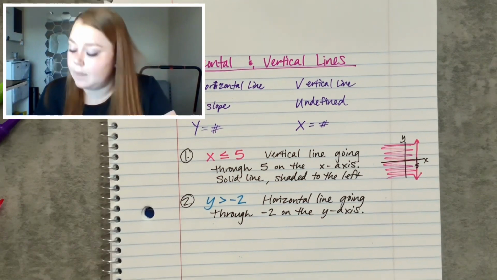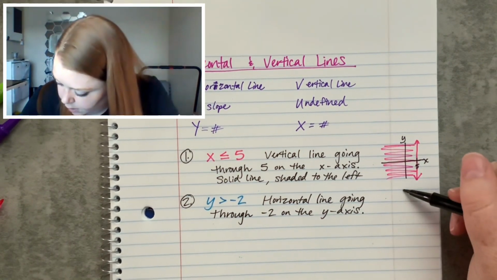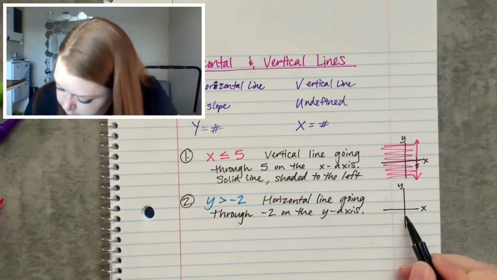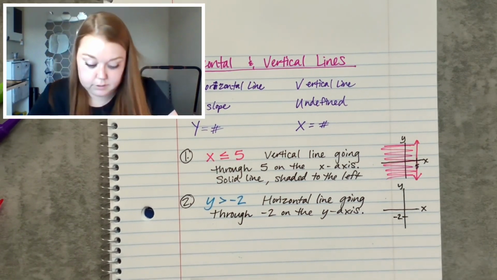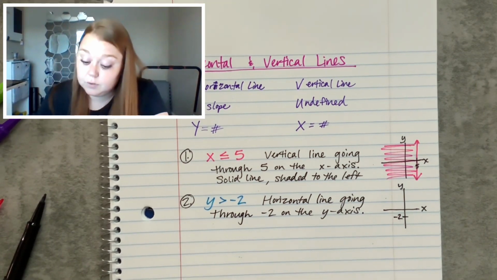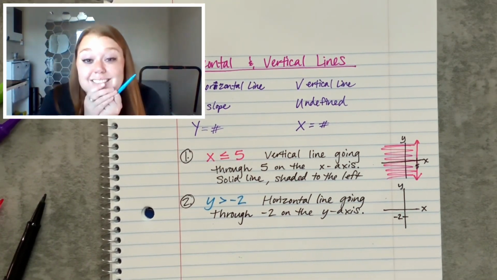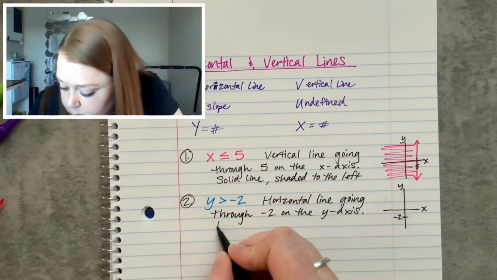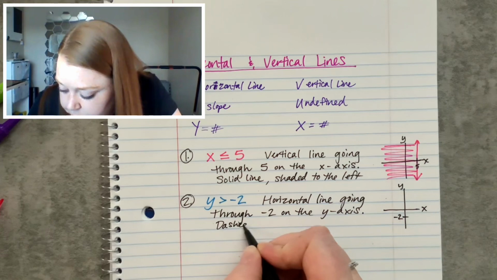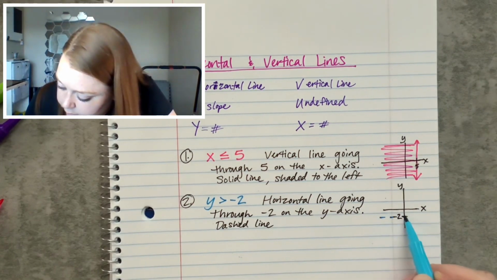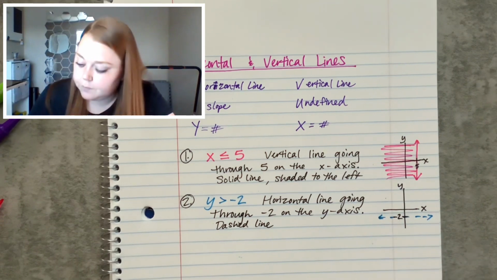Okay. So let's draw the start of that. So here's -2 on the y-axis, or I'm going to pretend -2 is on the y-axis. And then before I graph my line, think solid or dashed. It doesn't have the or equal to sign, so it's going to be a dashed line. So we'll go ahead and draw that in, dashed line.